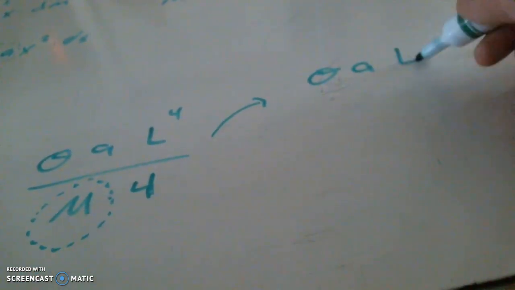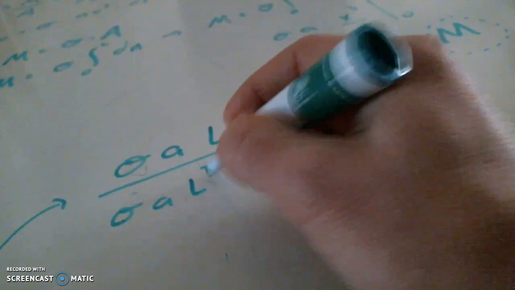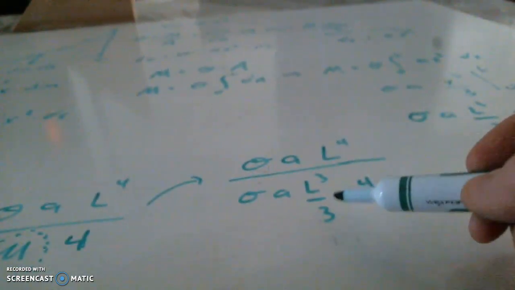A L to the fourth divided by, now where this M is, sigma A L to the third over 3, and then I multiply that by this 4 right there. So again, all I did was put this mass where that mass is to make it look like this.